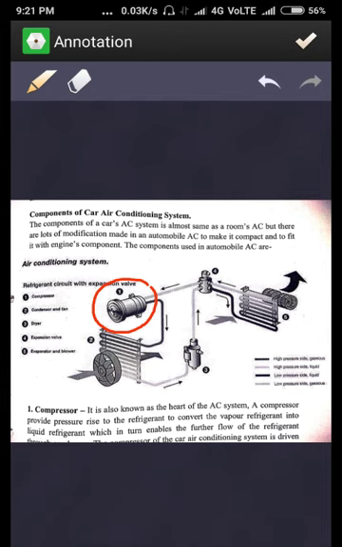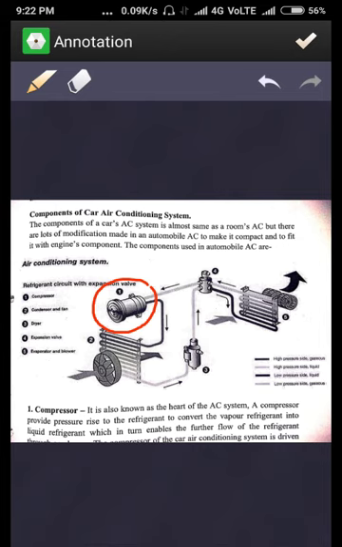This compressor is driven by the engine of the automobile, and it compresses the air and refrigerant available inside this whole system. And as we know, this is the general common rule that any fluid or charged particle moves from a high pressure area to a low pressure area.